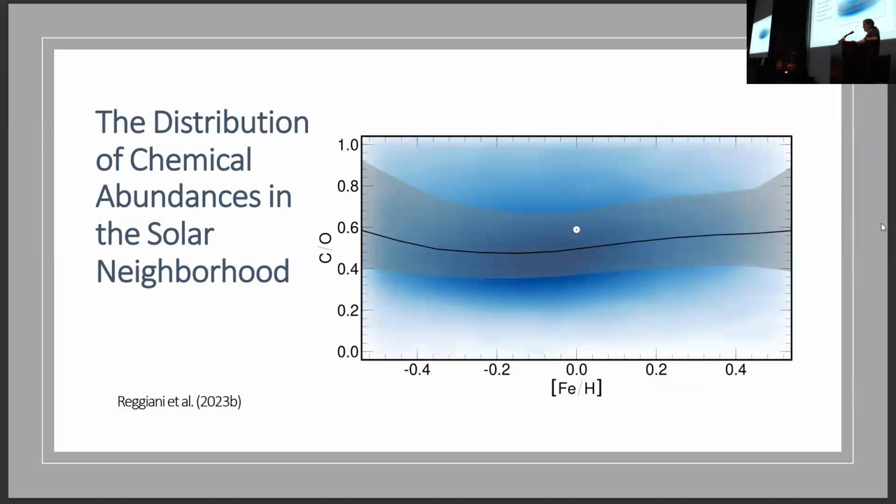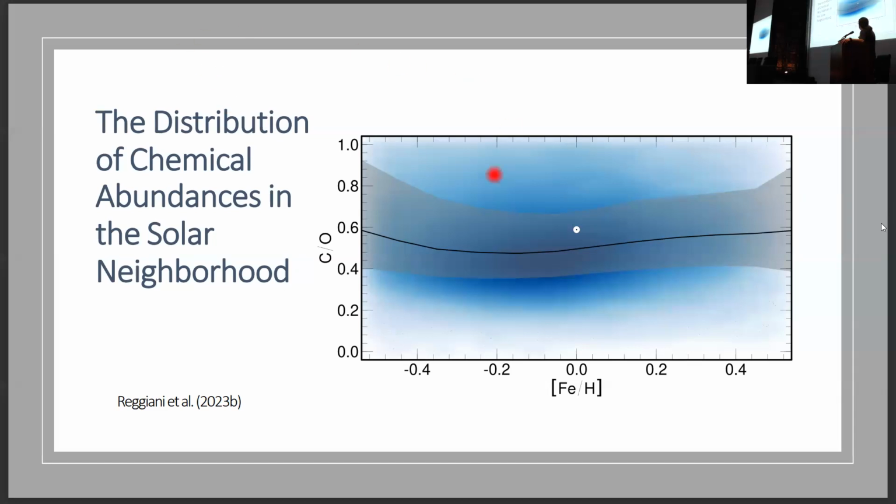And here is an example of the chemical composition, actually the carbon to oxygen ratio, of stars in the solar neighborhood at solar metallicity. And I want to show this because typically for exoplanet studies, the current assumption is, well, these are very close to us, they're in the thin disk, they're in the solar neighborhood, so the stars should have solar carbon to oxygen ratio.